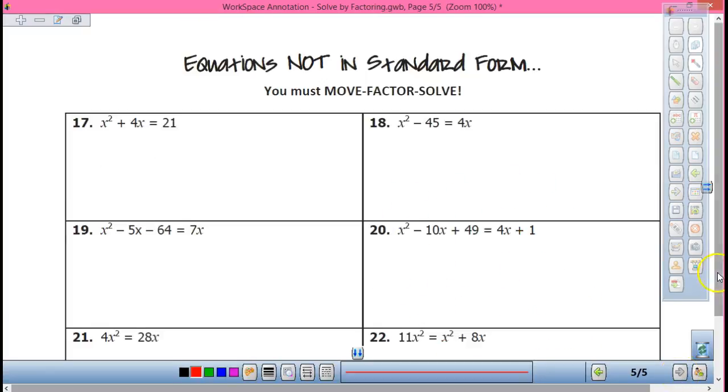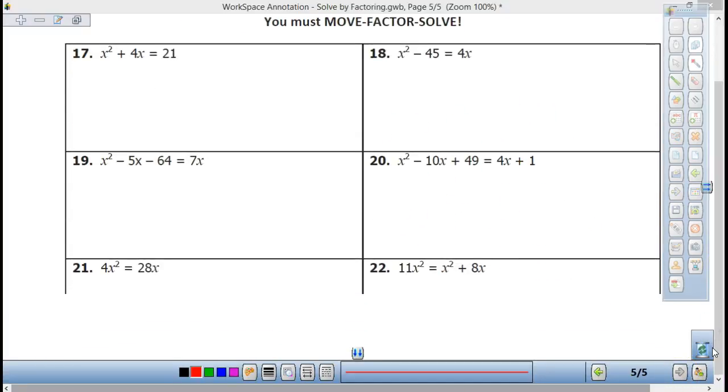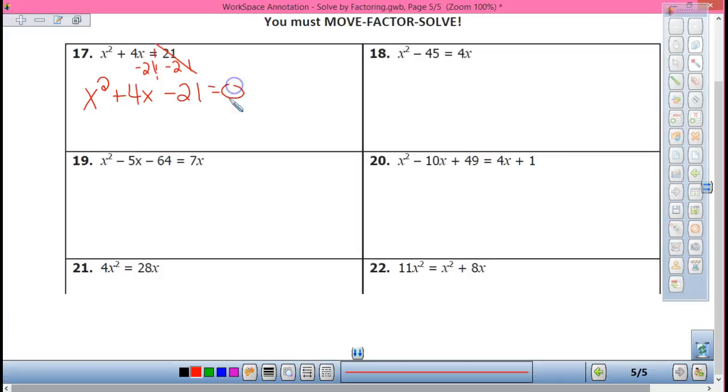Sometimes they're not in standard form. So we need to put them in standard form. Okay, we need to get them to be equal to 0. So if I look at 17, what do I have to do with that 21? Yeah, I got to subtract 21 over to this side. So now I have x squared plus 4x minus 21 equals 0.